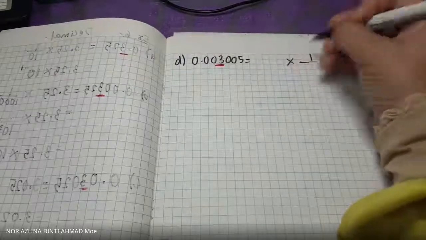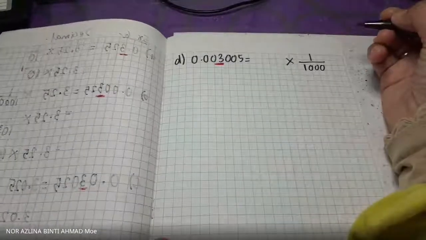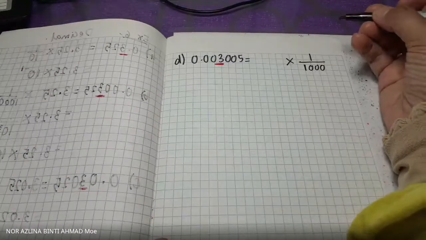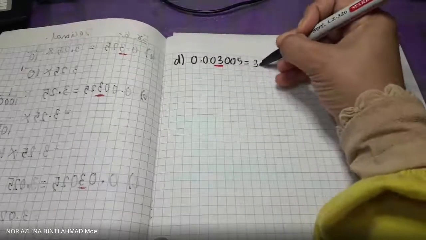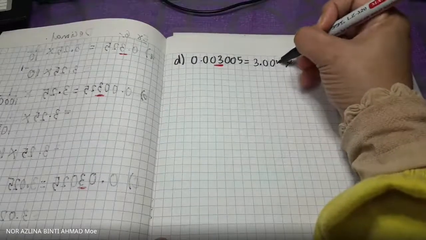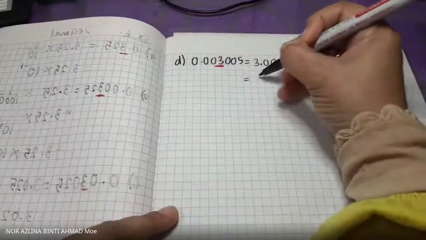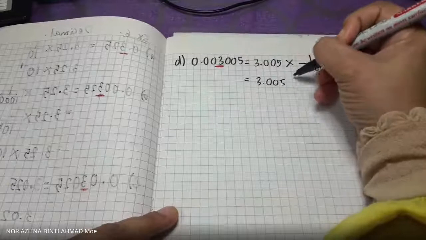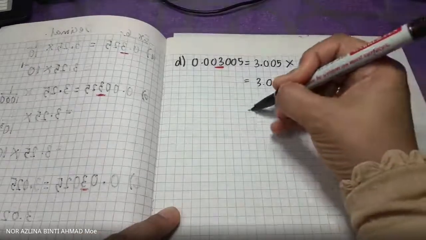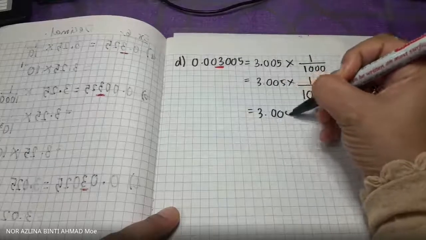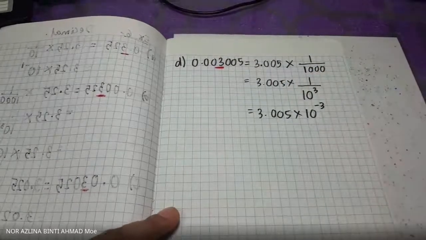So 1 over has 3 zeros. Okay. Then what is the value of A? 3.005. And here 3.005 multiply 1 over 10 to the power of 3. So 3.005 multiply 10 to the power of negative 3.